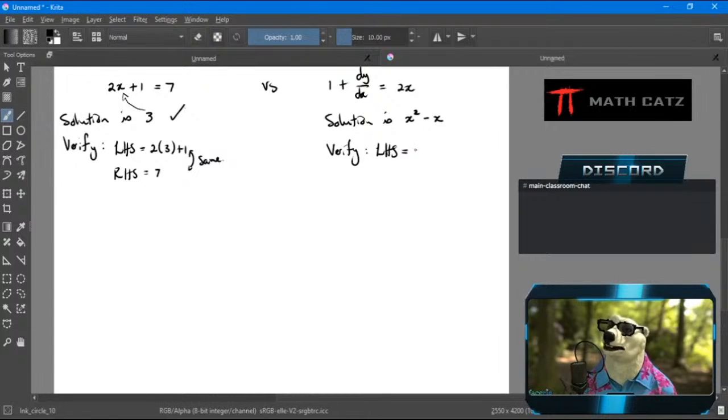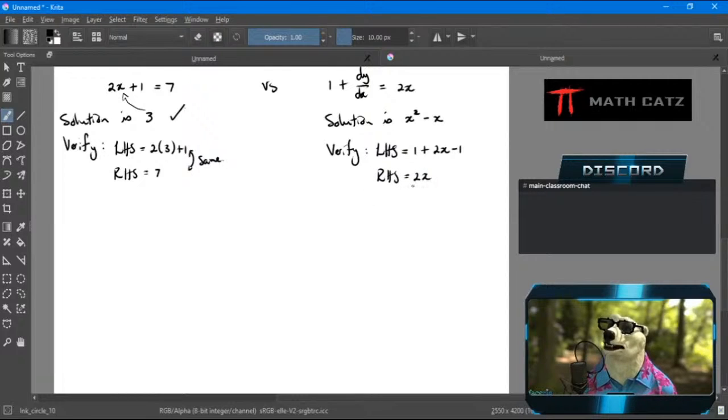The left-hand side is going to be 1 plus the derivative, 2x minus 1. The right-hand side is 2x.